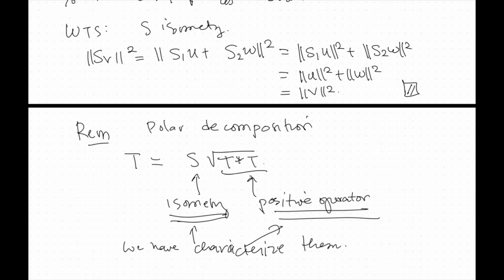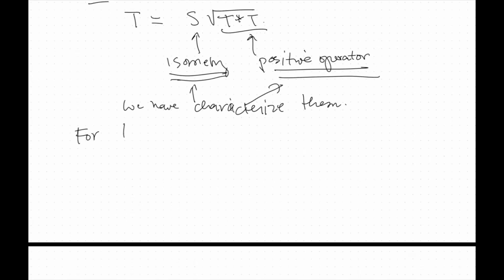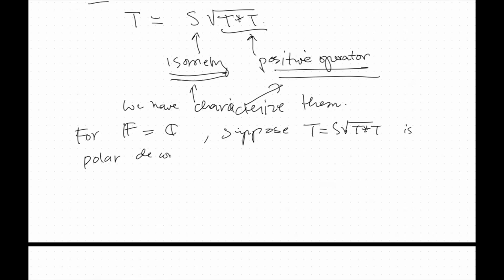Now, if your field is the complex numbers, and suppose T equals S times the square root of T star T is the polar decomposition of our operator T, with S an isometry.